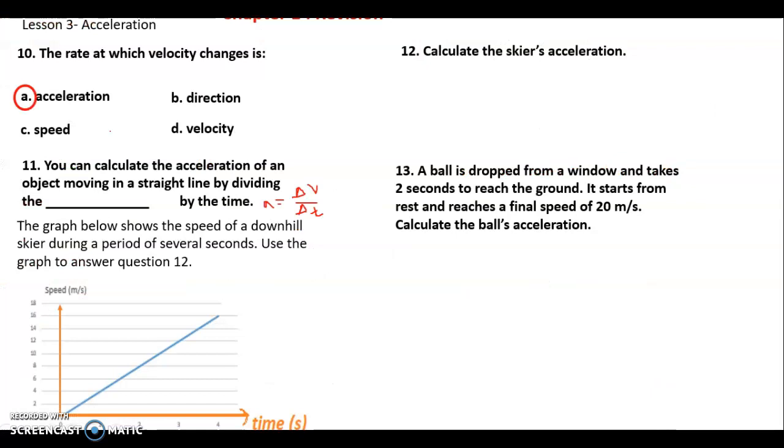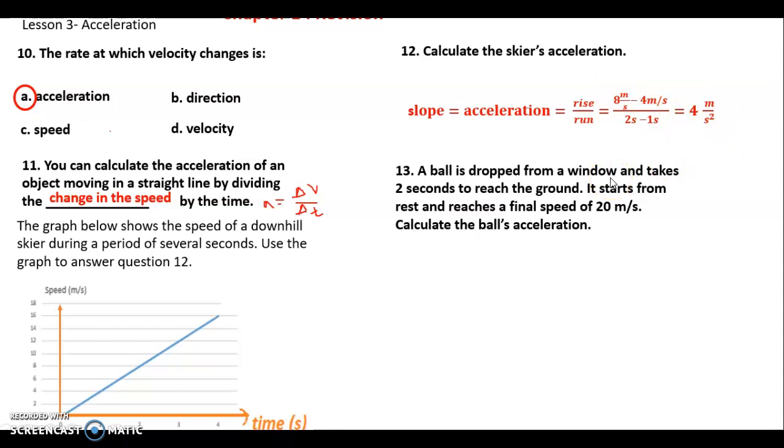Calculate the skier's acceleration. It is slope, acceleration, rise over run. We can choose any 2 points. I chose for 8 meters per second, the time is 2, and for 4 meters per second, the time is 1. So we subtract them, we get 4 meters per second squared.